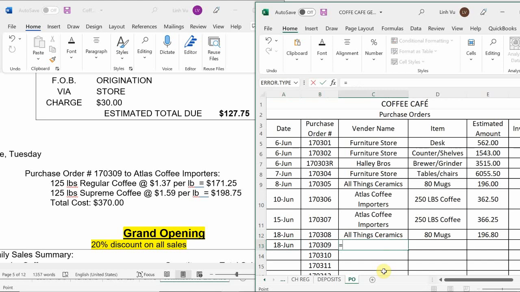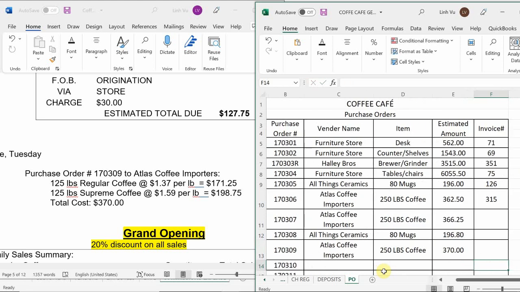Okay. Atlas Coffee Importers. Another 250 pounds of coffee. However, this one is going to be for the total amount of $370. Okay. So again, let's see.